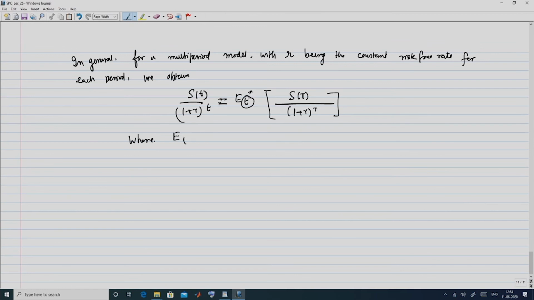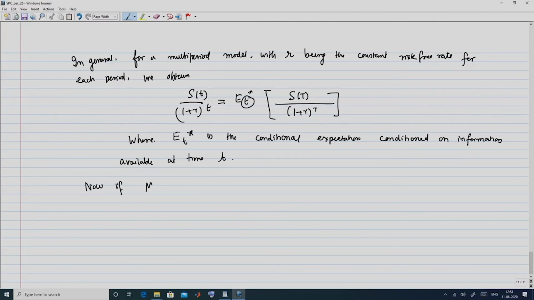Here this notation E star with subscript t is the conditional expectation conditioned on information available at time little t.